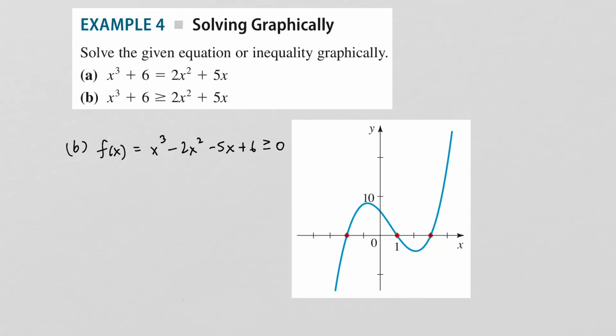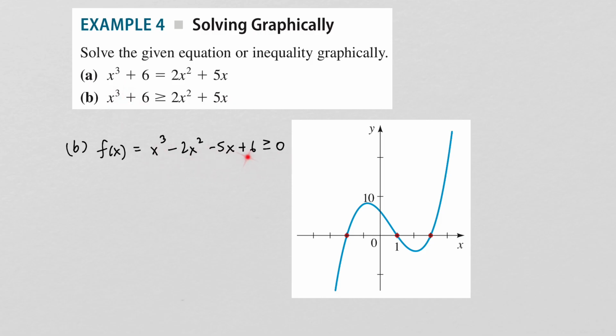Now for the second part, we're trying to solve when x cubed plus 6 is greater than 2x squared plus 5x. But again, if I subtract 2x squared and subtract 5x from both sides, we can think of this inequality as the same as this inequality.